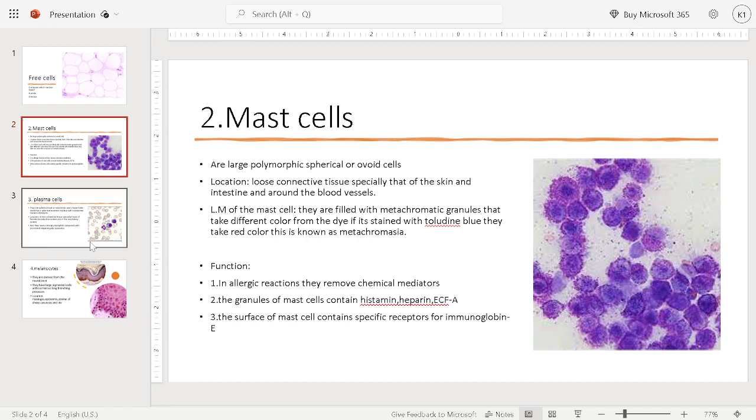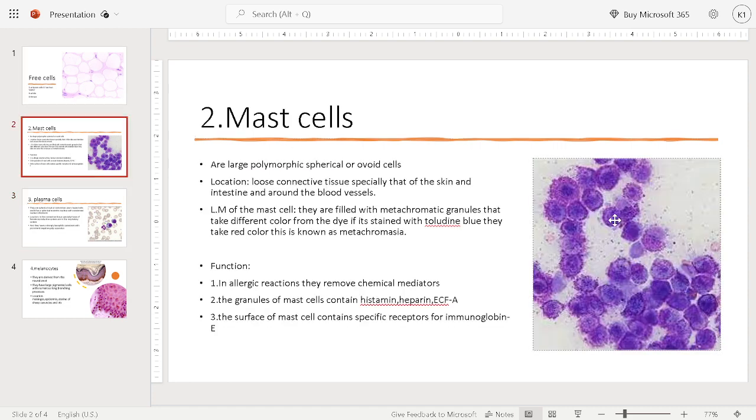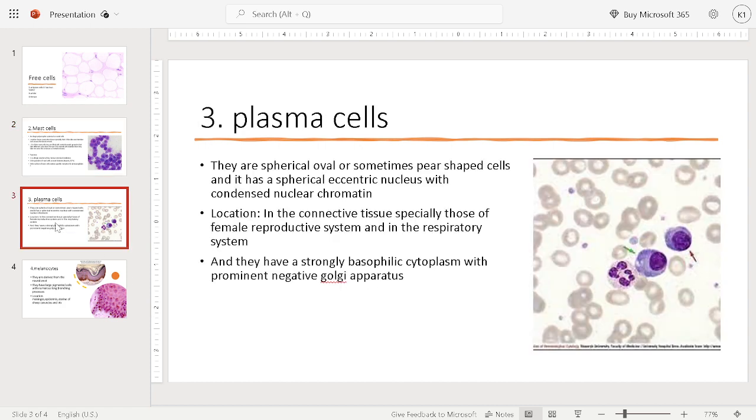We come to the third type of cell, which is very important to know. Recognizing the mast cell may sometimes be easy, but plasma cells and melanocytes, which I will explain, are sometimes hard. So plasma cells; we know what plasma is. What is the difference between plasma and serum? Let's go out a little bit and get some extra facts.